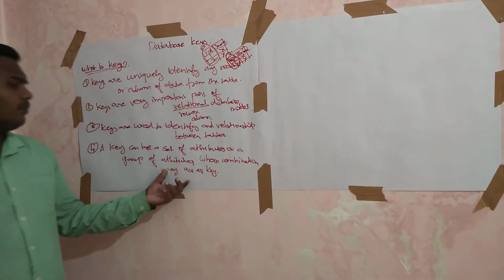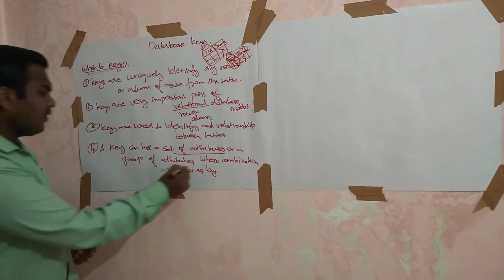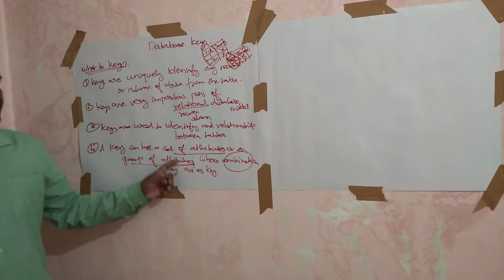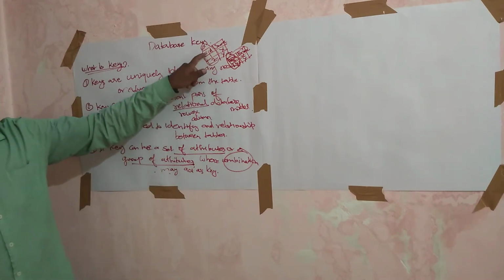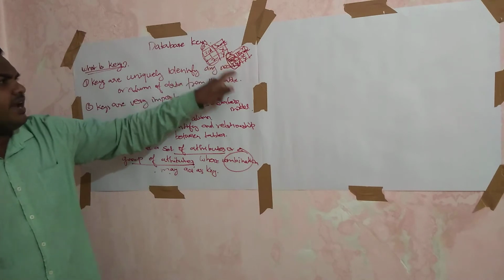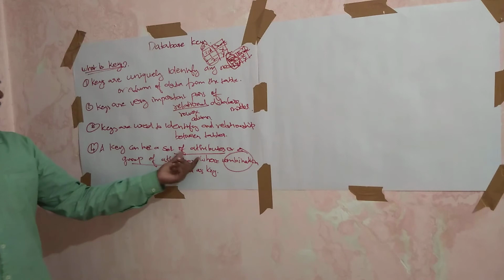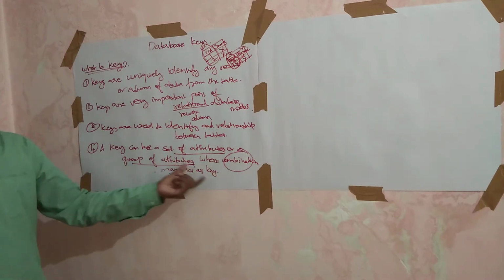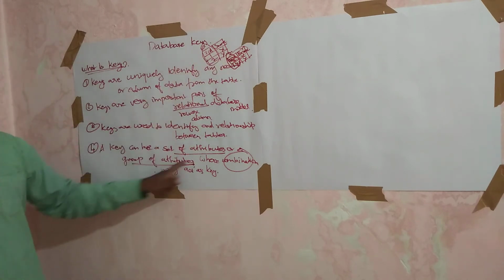So according to the fourth point, in this example SID is a single column attribute that becomes the unique key. In this example, EID is a single column attribute that becomes the unique key. Like that, a set of attributes or group of attributes where the combination may act as a key in the table. So this is the logic of database keys.